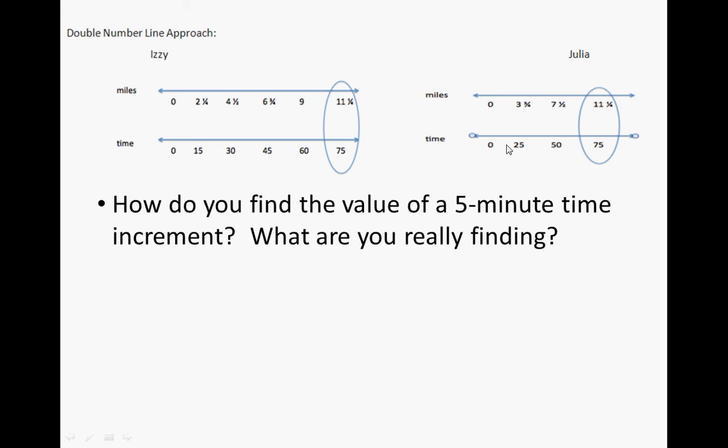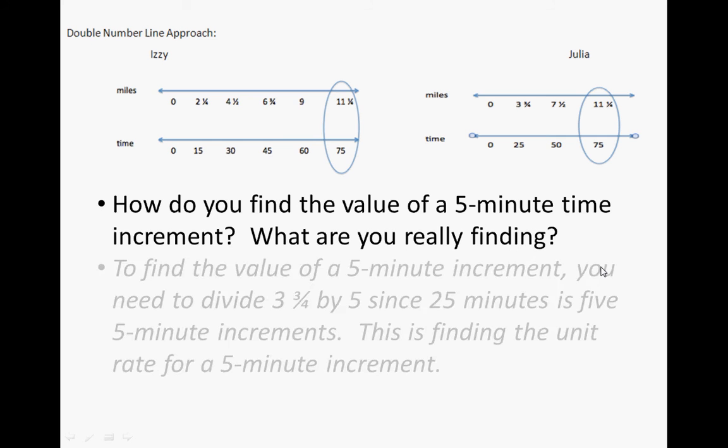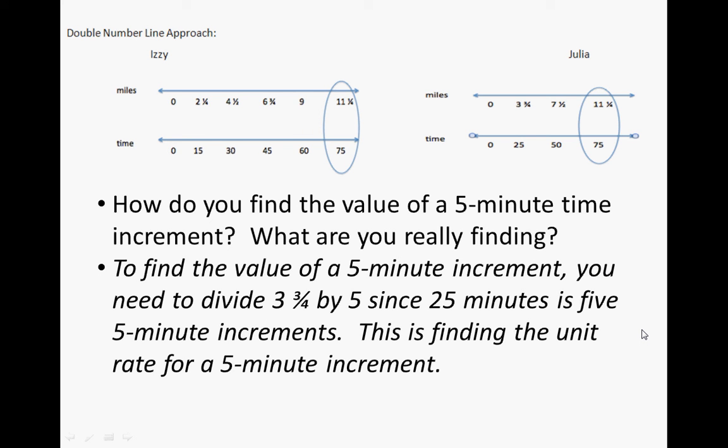If we count by 25s, and we're finding a common denominator or a least common multiple to be 75, we would also see that in 75 minutes they ran 11 1/4 miles. So to find the value of a 5-minute increment, you need to divide 3 3/4 by 5, since 25 minutes is 5 5-minute increments. This is finding the unit rate for a 5-minute increment.